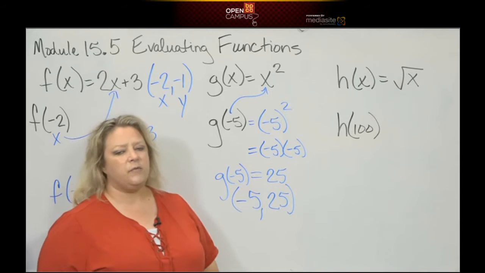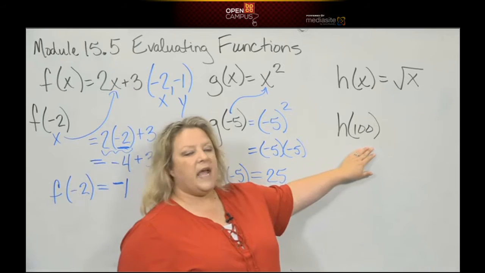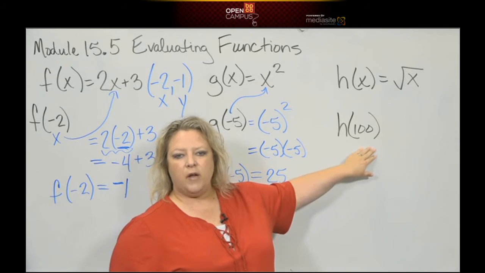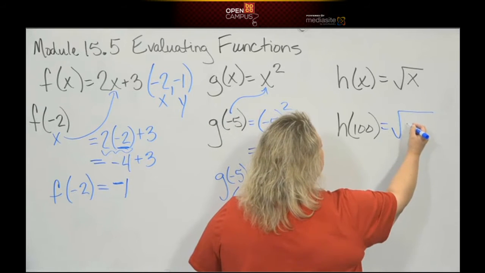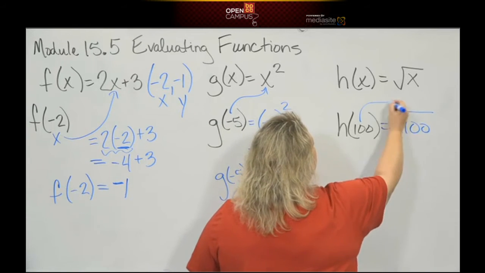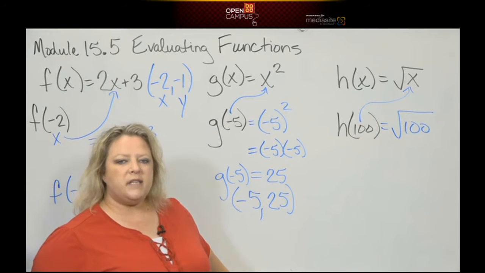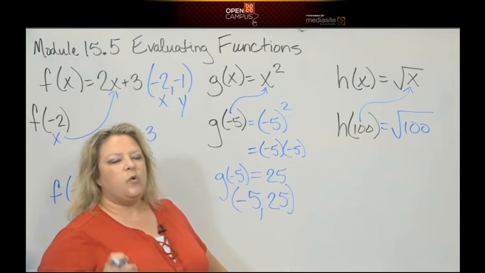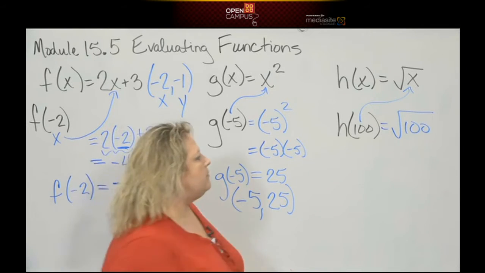Now let's look at the last one. h of x is equal to the square root of x. Well, h of 100, what do I do? I'm going to take that value and I'm going to substitute it in place of this little x right here. So I get square root of 100. So what does that mean? That means what number times itself gives me 100.